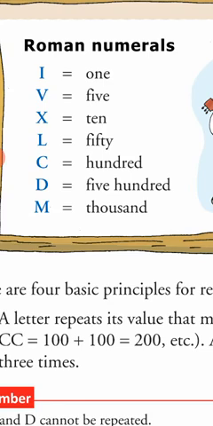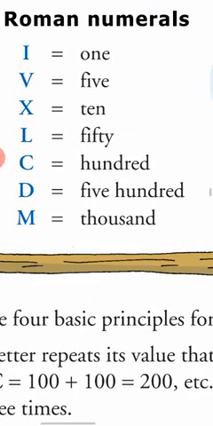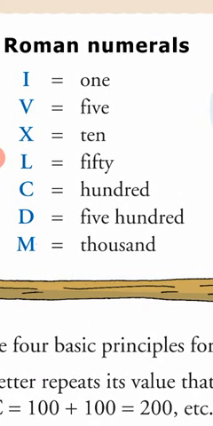That means we have these seven numbers: 1, 5, 10, 50, 100, 500 and 1000, represented by the English alphabets I, V, X, L, C, D, M. Basically here you can see that counting has started from 1 for representation, right?